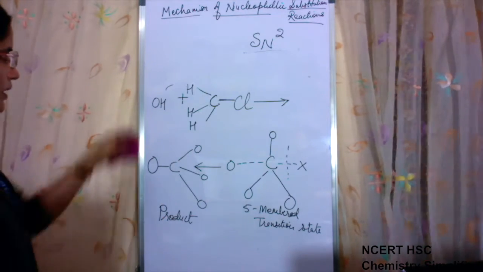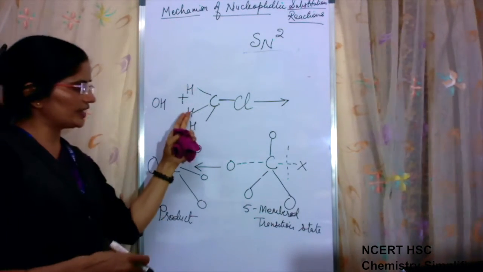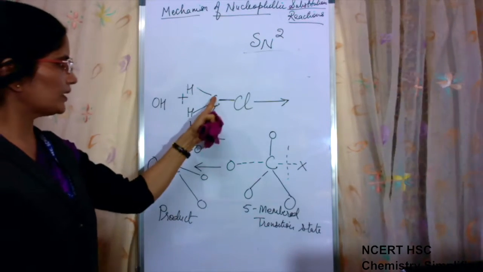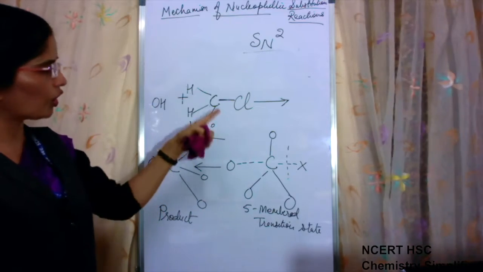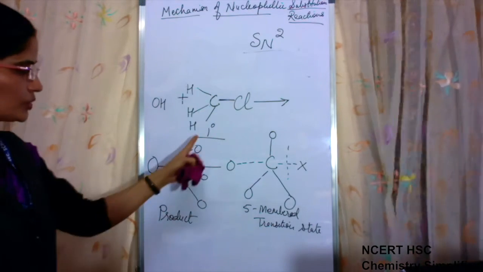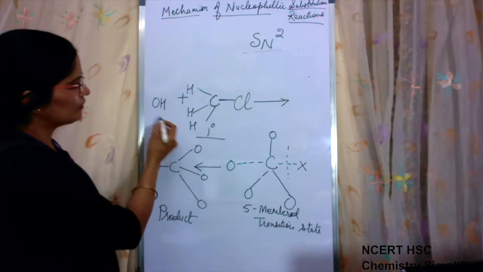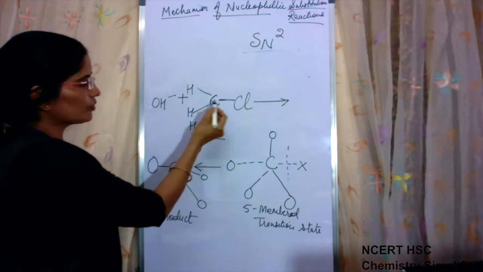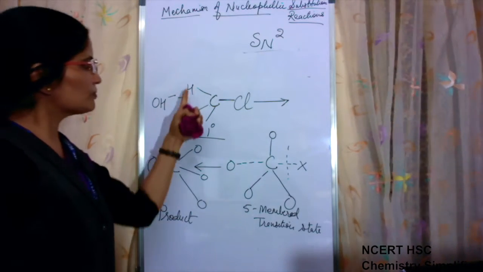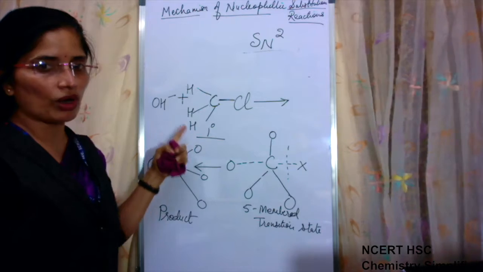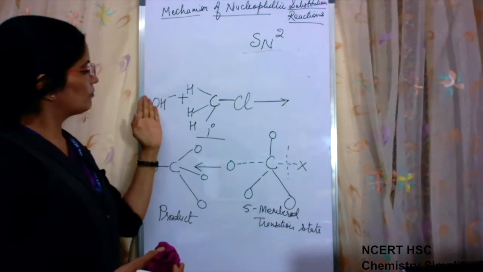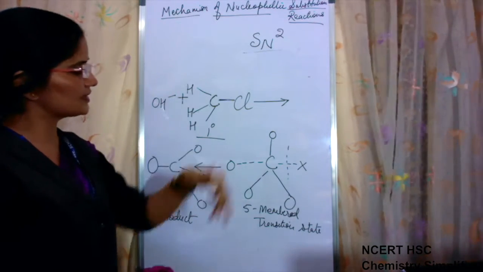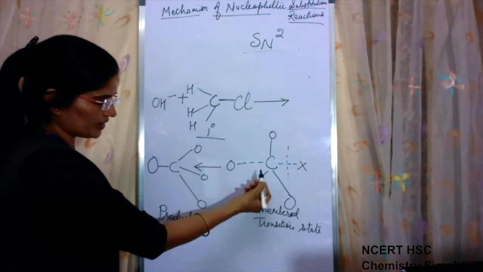Now if these groups are H, H and H, that means this is 1 degree. When the carbon atom is attached only to hydrogens or to one carbon atom, it is known as 1 degree. Because OH has to attack from the backside of the molecule, and these atoms are small in size, the attack of the nucleophile from the backside will be easier, because it will get a lot of space to join with the molecule in the transition state.